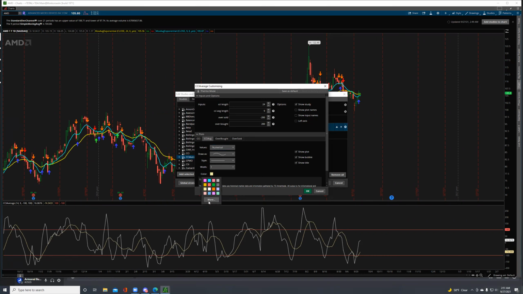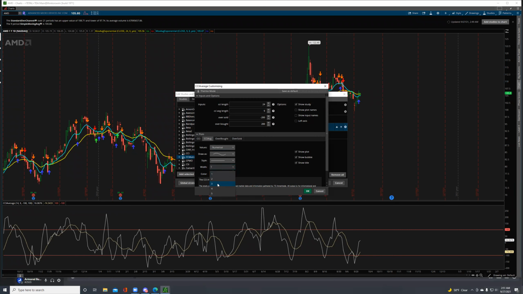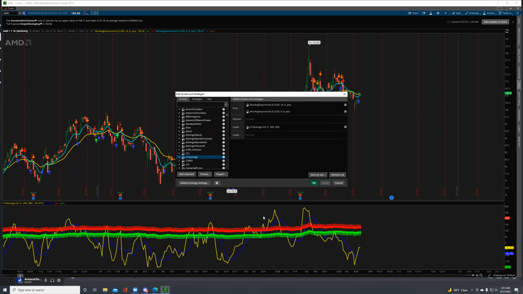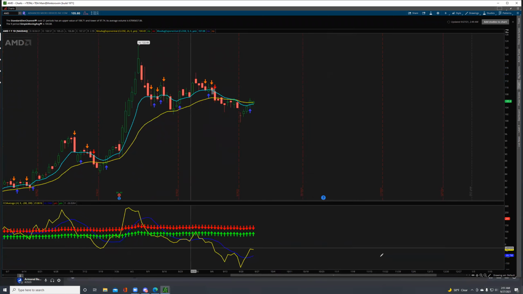All right, this is a hideous color, so let's go ahead and change this. Let's see how this blue looks. Maybe 2 on the width. All right, let's see how terrible that is. Oh my goodness, that is absolutely hideous. I don't even know what I'm looking at right now.